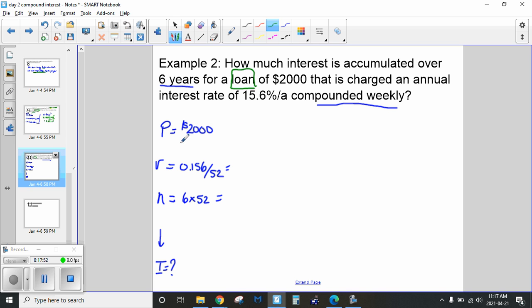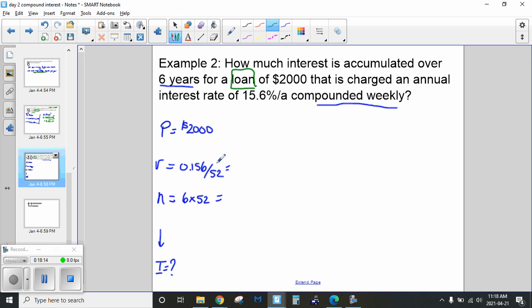All right, so the principal or the starting amount is 2,000. The interest rate was 15.6%. I've changed that to a decimal. This one says compounded weekly, so I'm dividing by 52, dividing the interest rate into 52 separate chunks. Do I have that as a decimal yet?